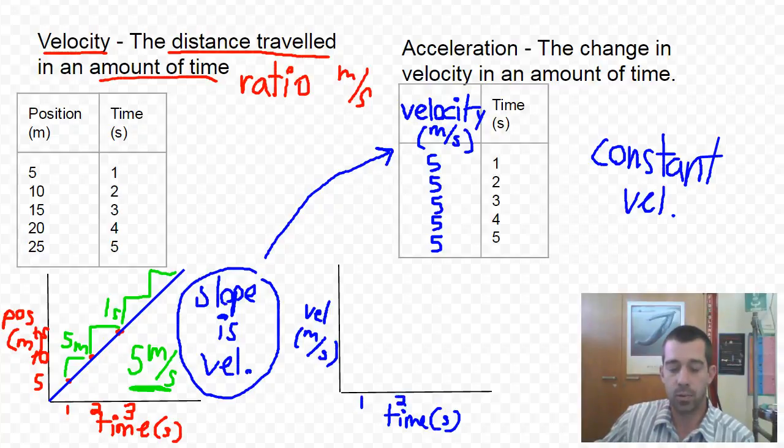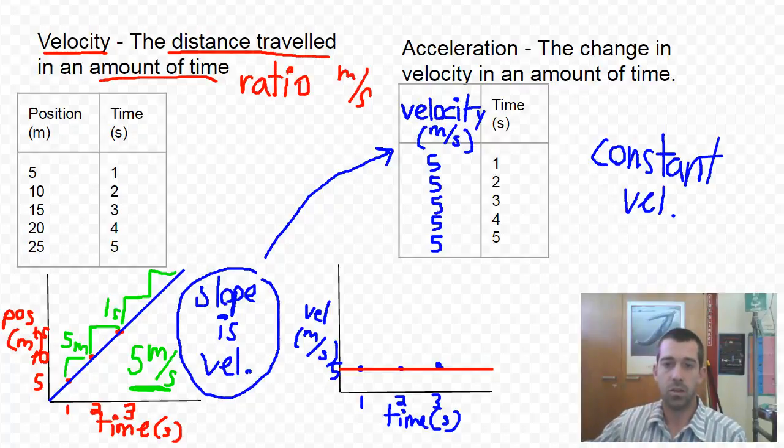I'm only going to write a couple points just to save some time. So the first second, second 1, second 2, second 3, I was going 5 meters per second the whole time. So my first point's right here, the second point's right there, the third point's right there. So this is going to give me a straight line that is also horizontal.